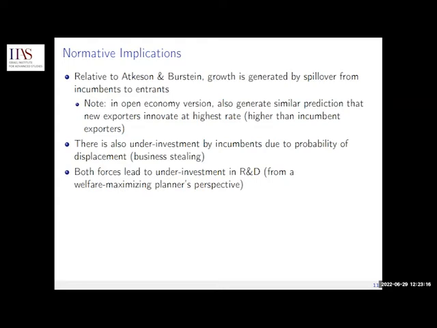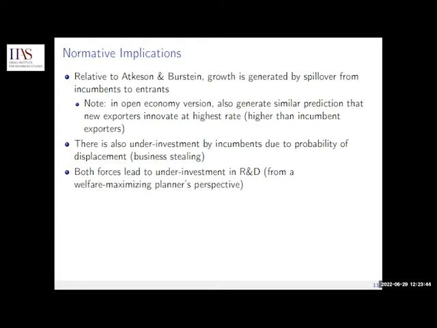You can do an open economy version of this. If you're interested, it's in the handbook chapter. What I like about that one is that now you can look at the incentive to innovate. First you get selection: a quality threshold such that producers above a certain Q are going to export.